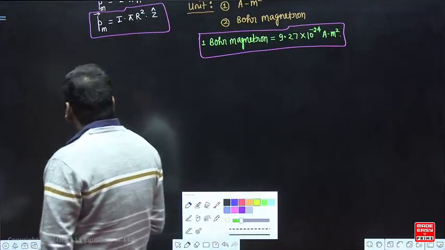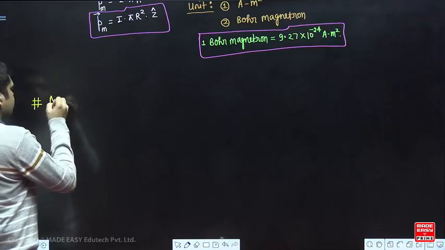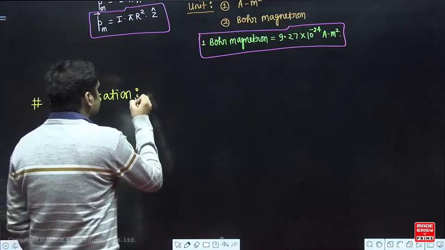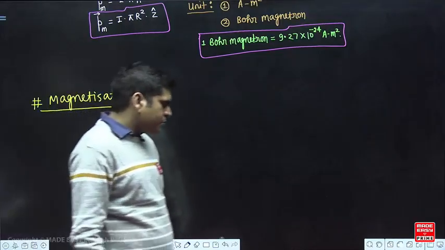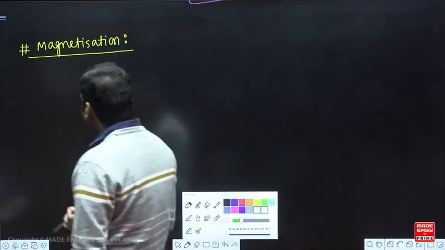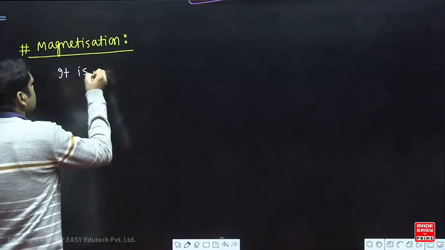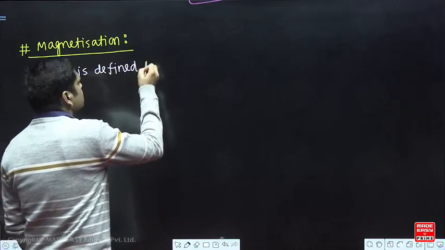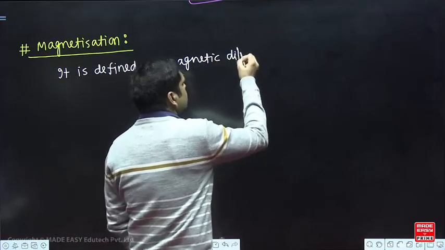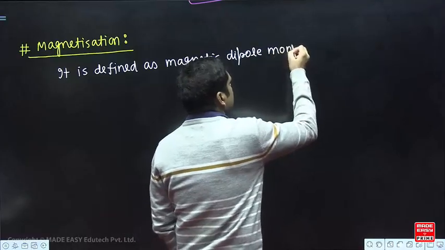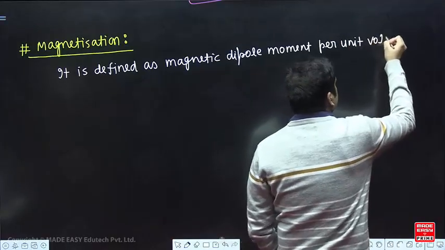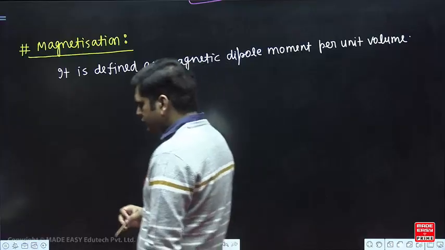Next we are going for the magnetization. It is defined as magnetic dipole moment per unit volume.